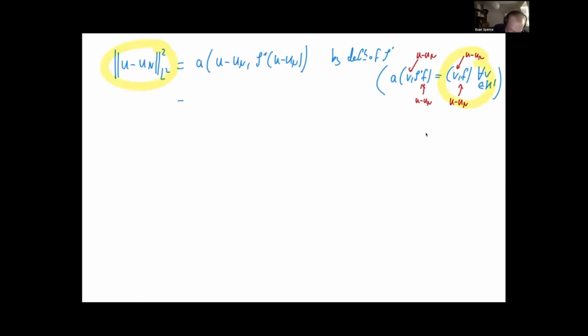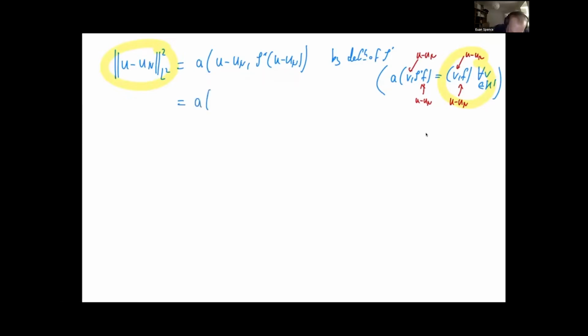Now, what's the other tool I have? I have Galerkin orthogonality, because that involves u minus un. It says when I have a(u minus un, ...), I can add to the second argument any function in my finite dimensional space.